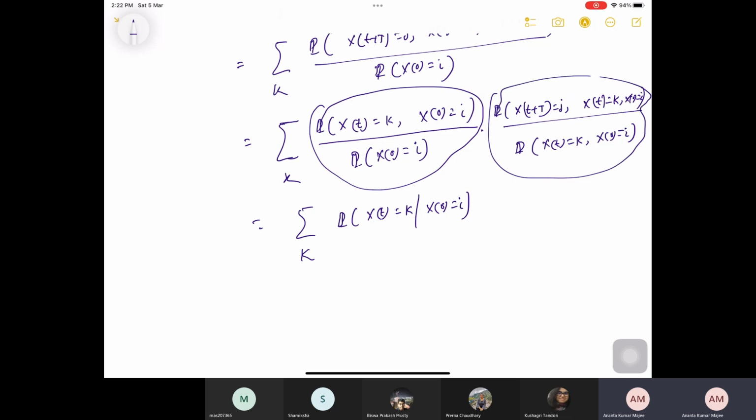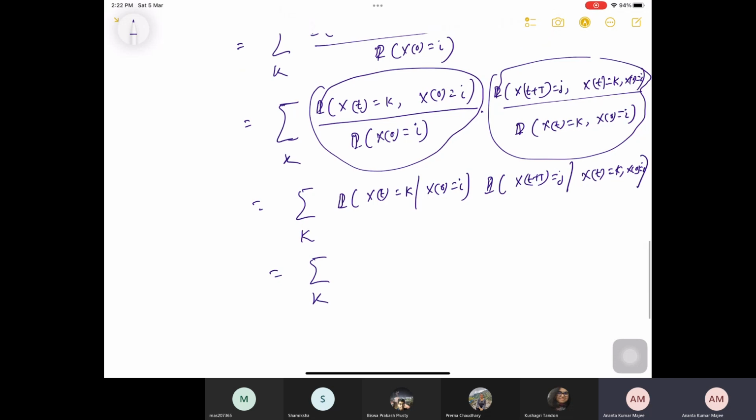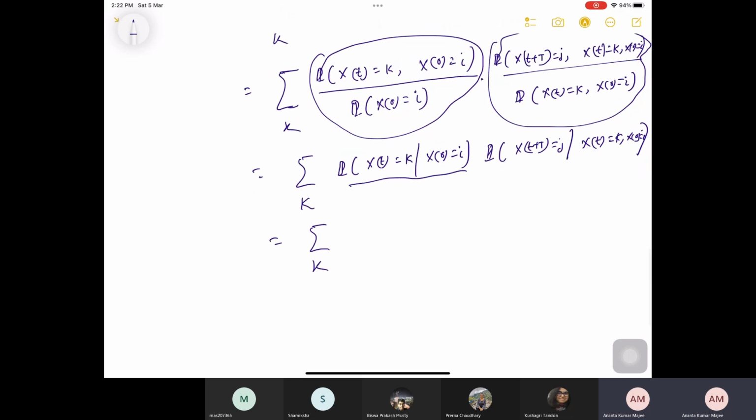And this part is nothing but probability of X(t+T) = j given X(t) = k, X(0) = i. The first one is nothing but my p_ik(t), by definition. Now X(t) is a Markov chain.